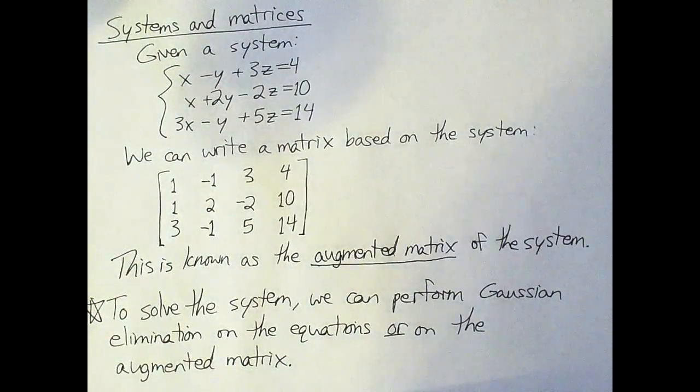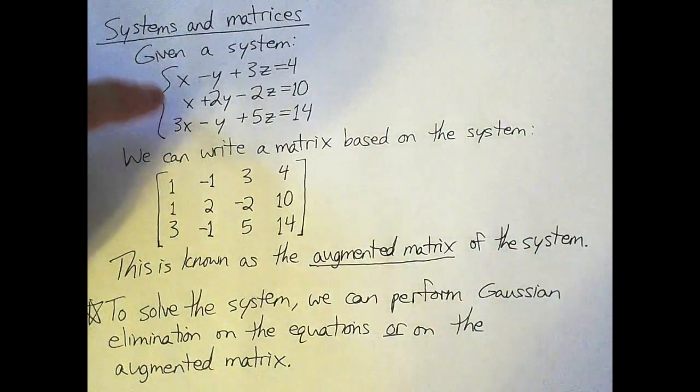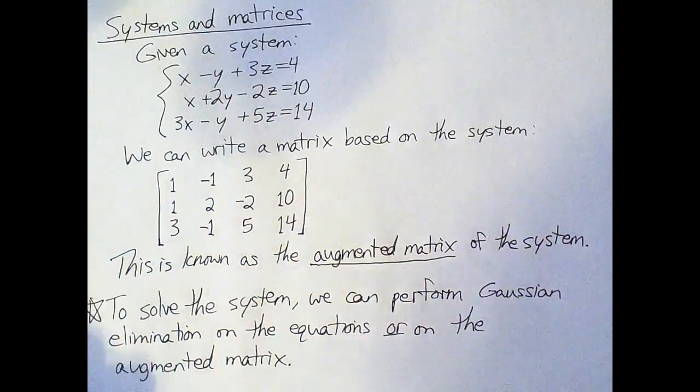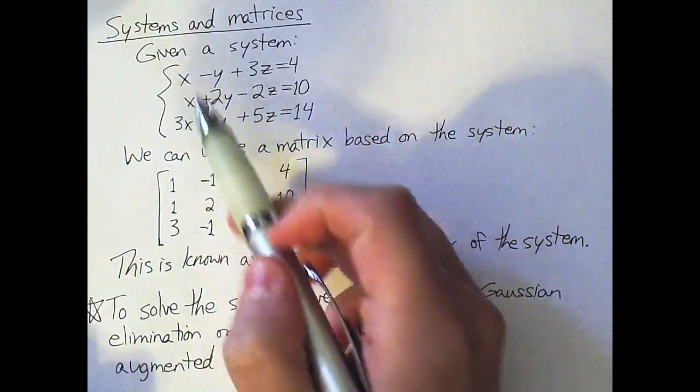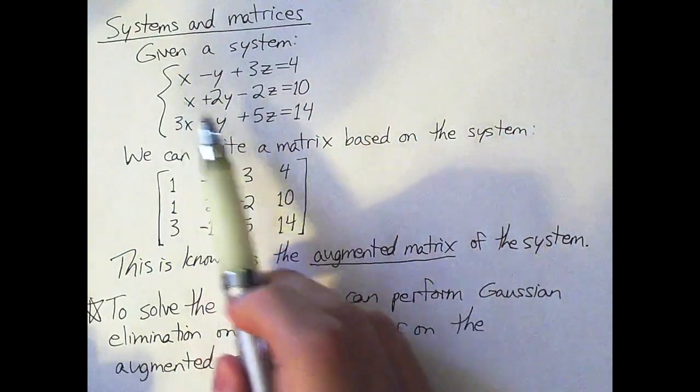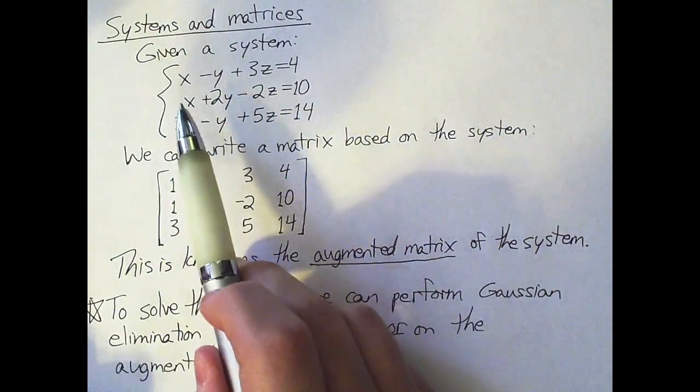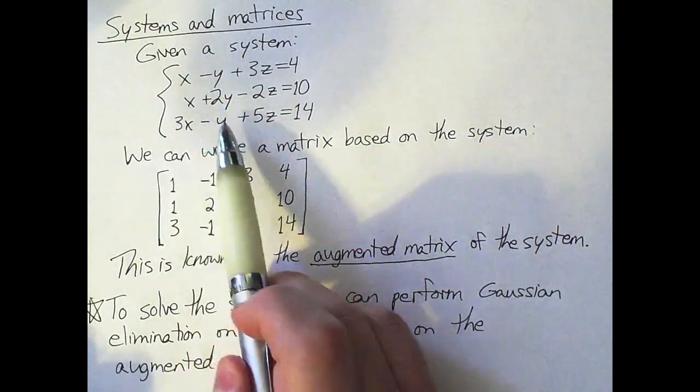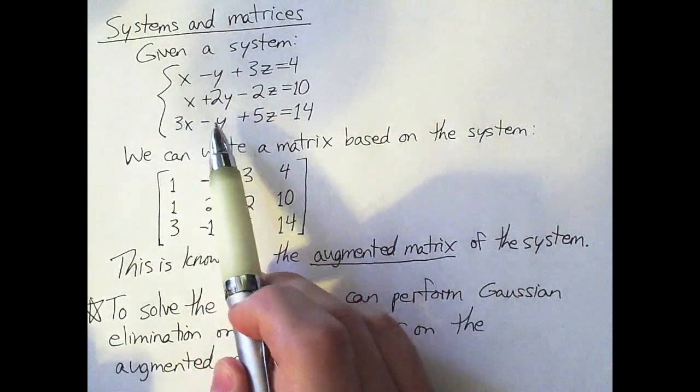Now, in the previous lesson, we would have solved this system by working with these equations. We would have said, all right, we need to get this in triangular form. We need to add multiples of equations to other equations and try to get some of these spots to be blank spots.